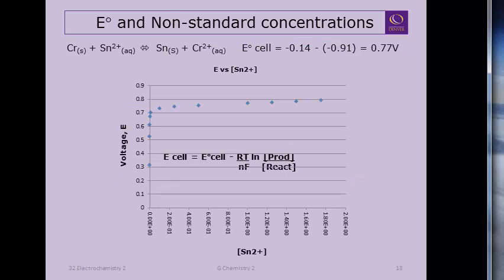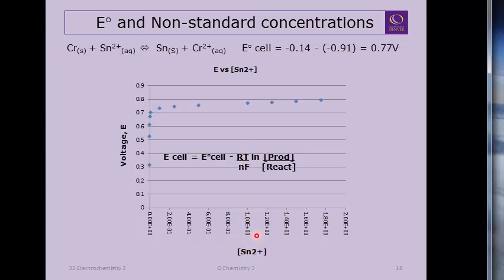So we're going to do a calculation here just to show you how this works. If I take this chromium undergoing oxidation and tin undergoing reduction, we already have the E cell at 0.77 volts. And I'm just going to track this when I have these both at standard conditions of 1 molar and 1 molar. I can look right here.